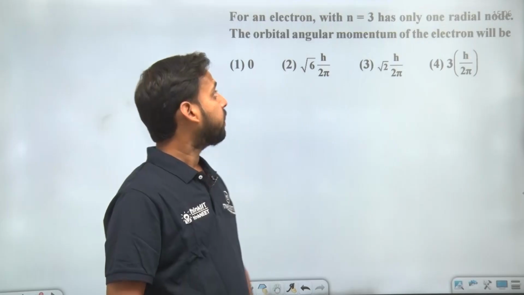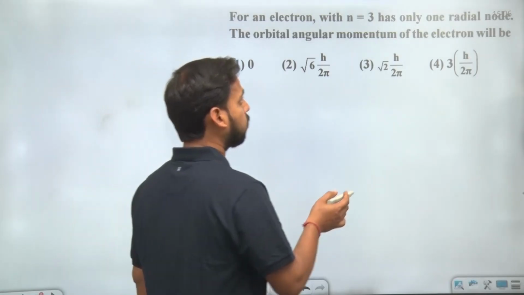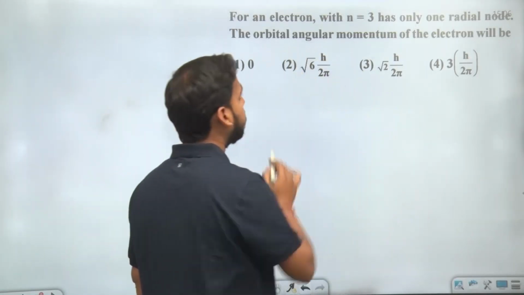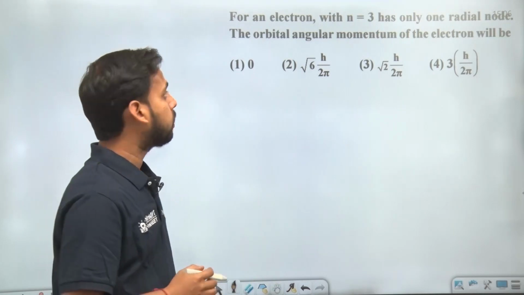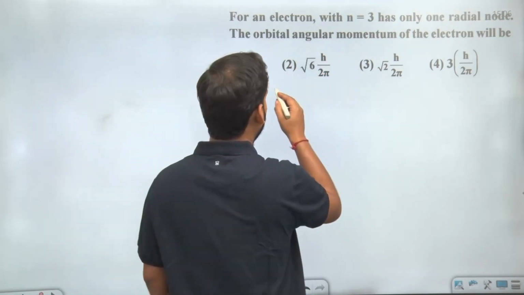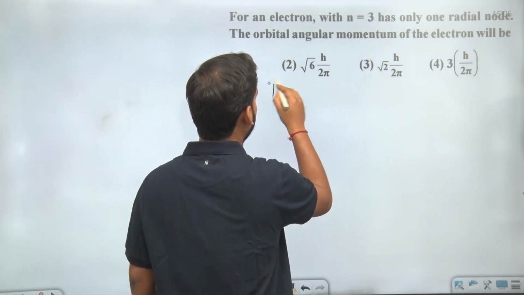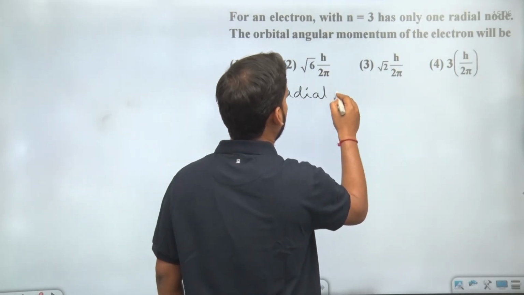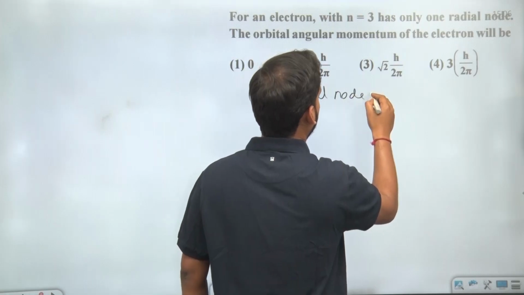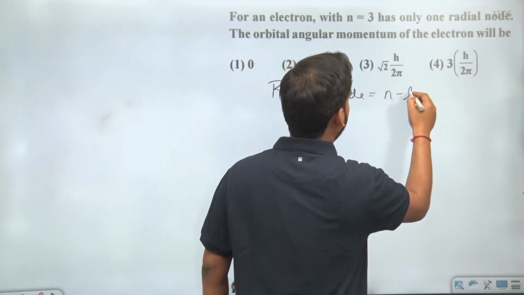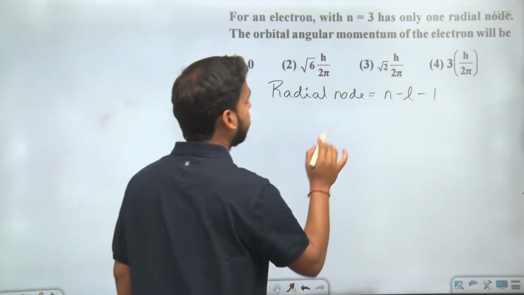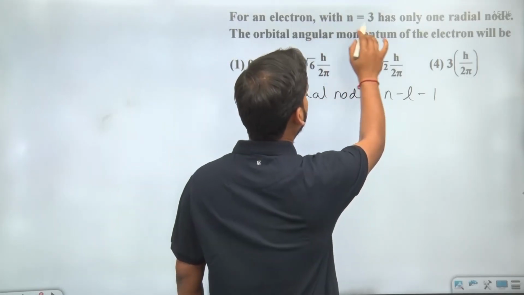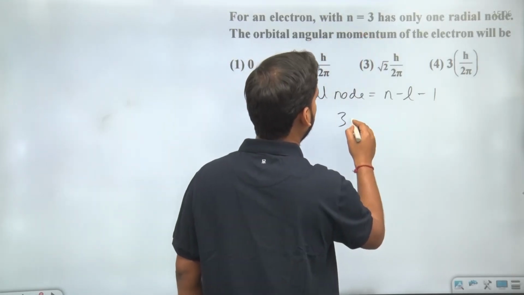Next question: an electron with n equals 3 has only one radial node; the orbital angular momentum of the electron will be? For the radial node, as we have seen in earlier questions, the number of radial nodes equals n minus L minus 1.